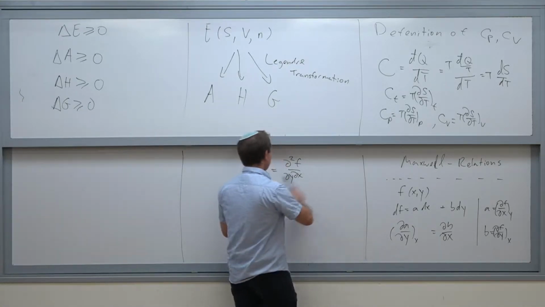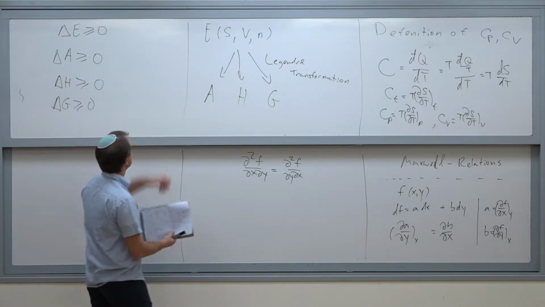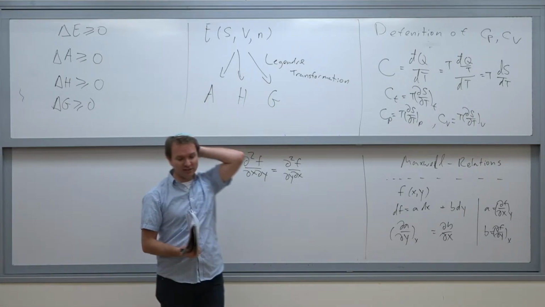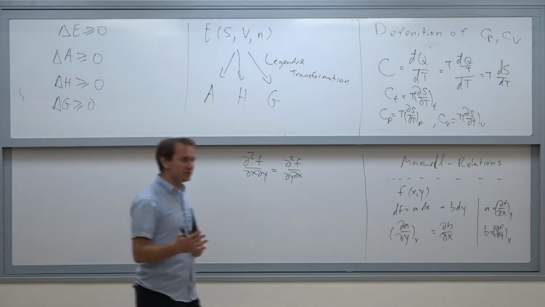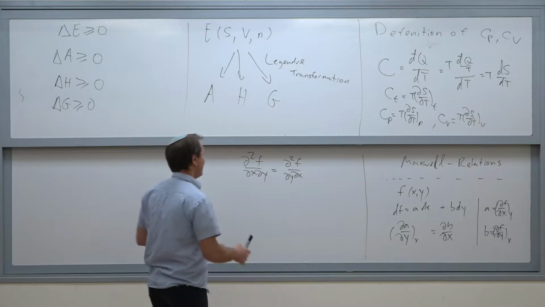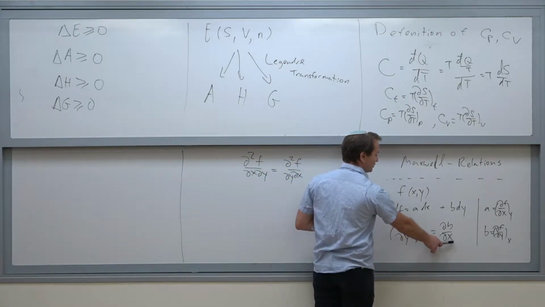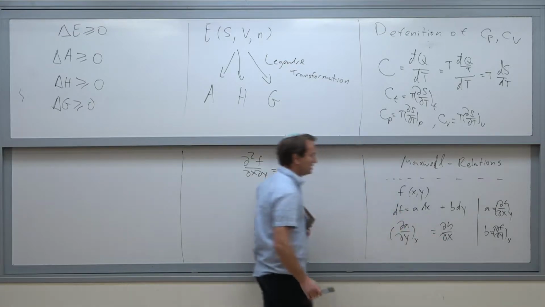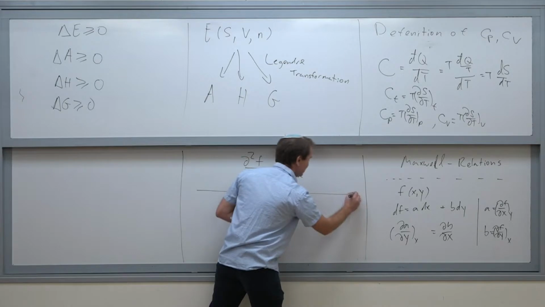So if I assume that my functions of state, either energy, free energy, or enthalpy, it doesn't really matter, have continuous derivatives, I can relate their derivatives to the derivatives of some other variables. Why is this important?